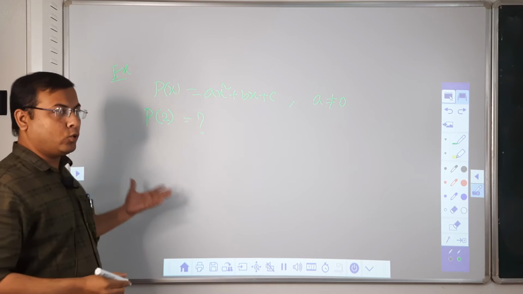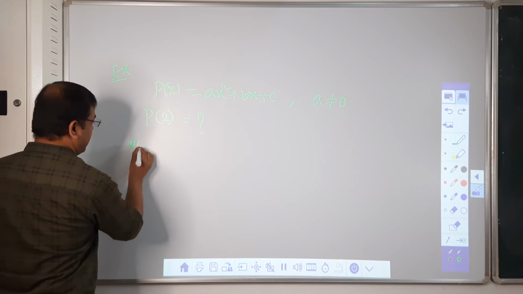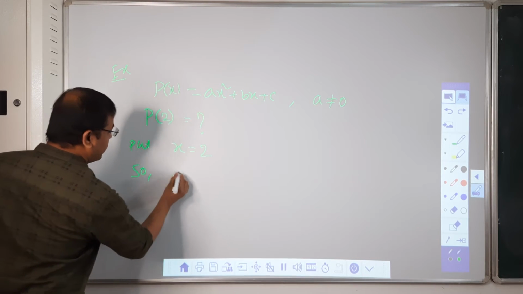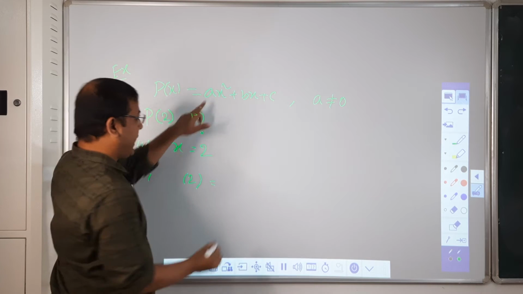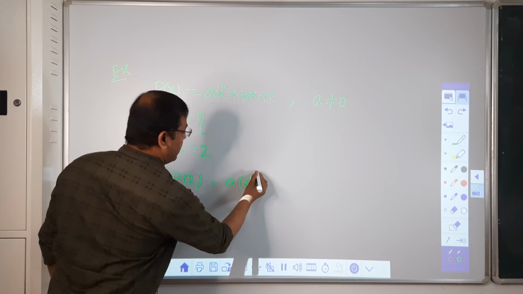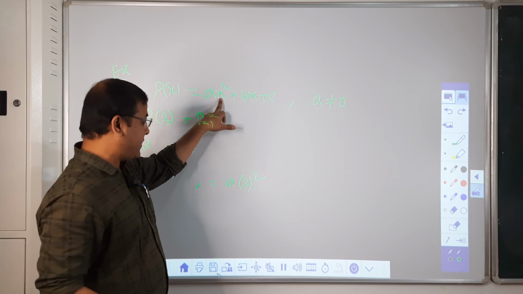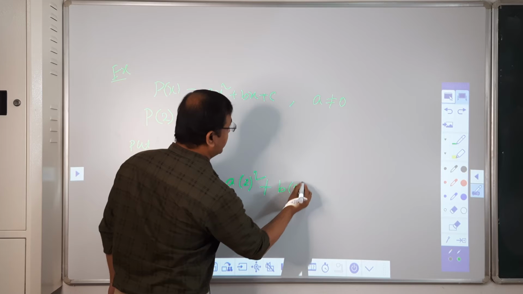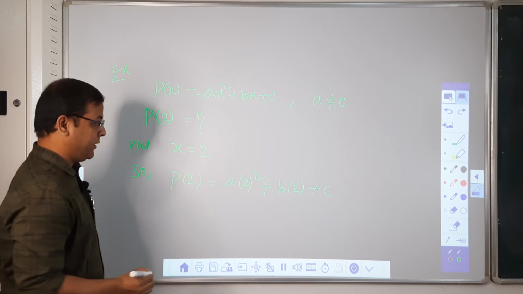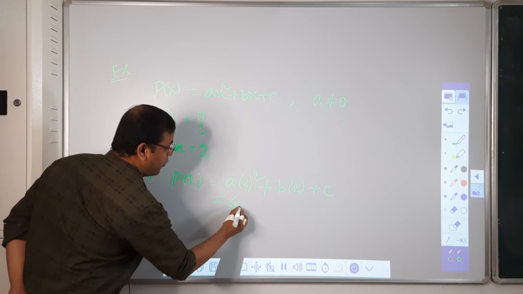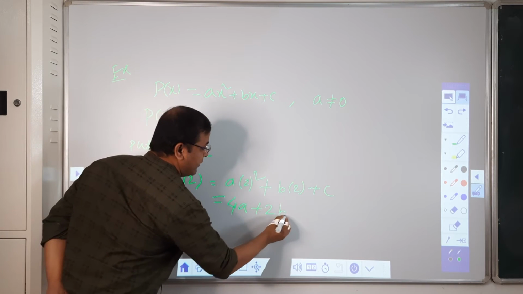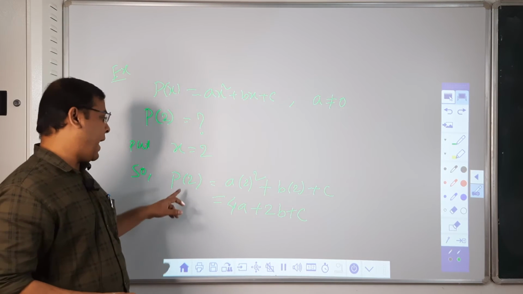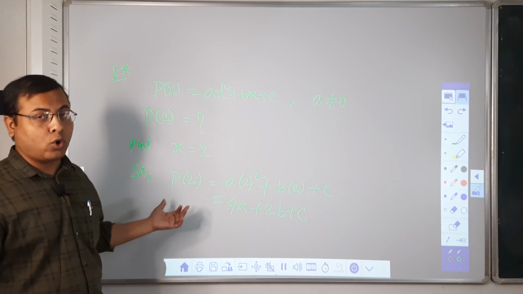What is p2? p2 means you have to put x equal to 2. So p2 is equal to a, put in the place of x 2, then plus b into 2 plus c, then this is equal to 4a plus 2b plus c. So this is the value of the polynomial at the point x equal to 2. This is called p2.